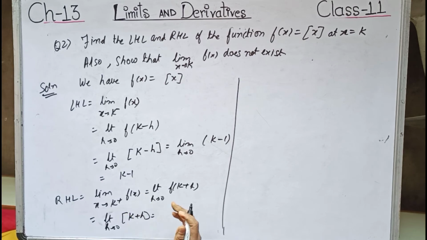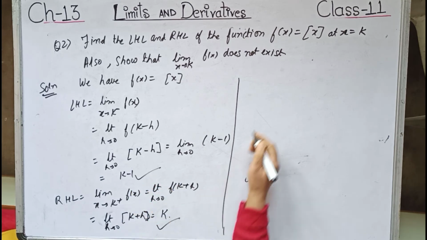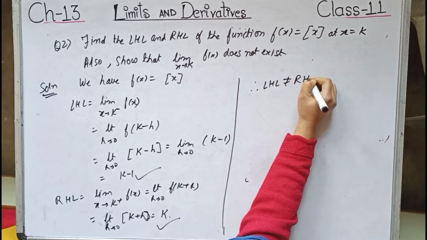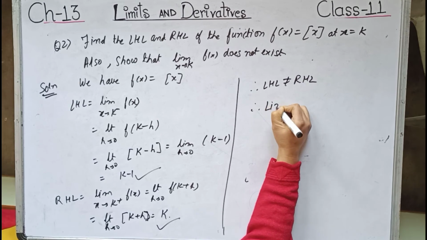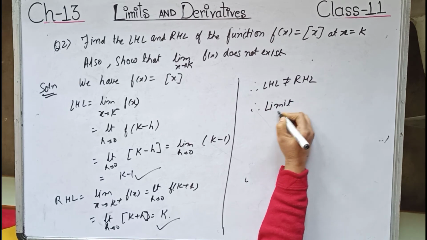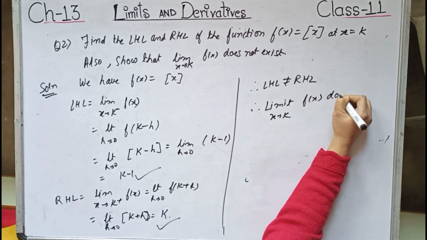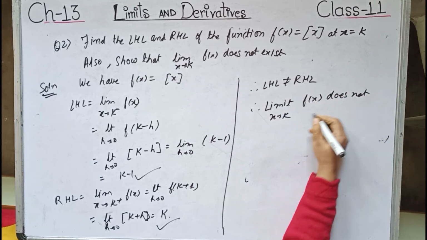Now integer plus something small, the greatest integer function of k plus h, the value will be k. So we see that left hand limit is k minus 1, right hand limit is k. Therefore left hand limit is not equal to right hand limit. Therefore simply we can write that limit x tending to k f(x) does not exist.